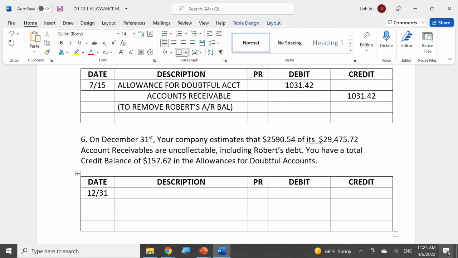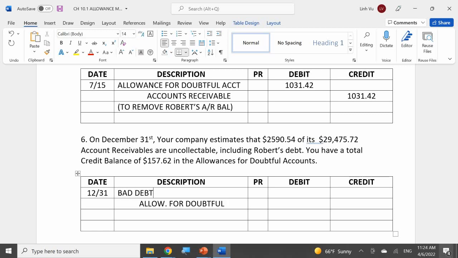Allowance for doubtful account. No, it is not account receivable. No. Okay, bad debt. Yes.